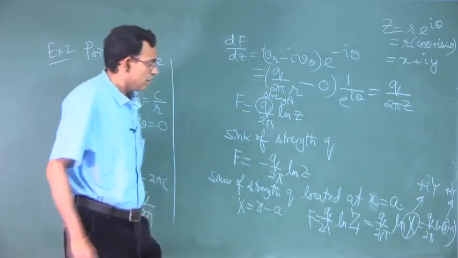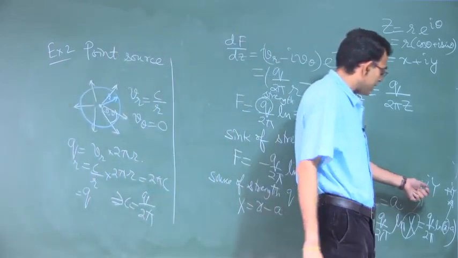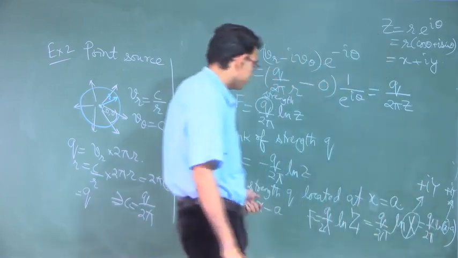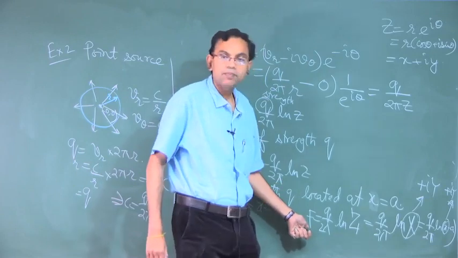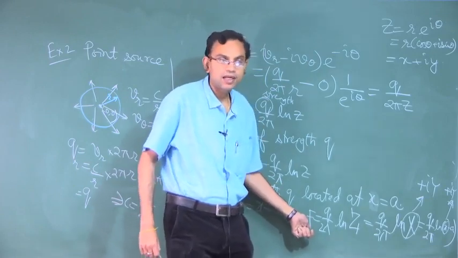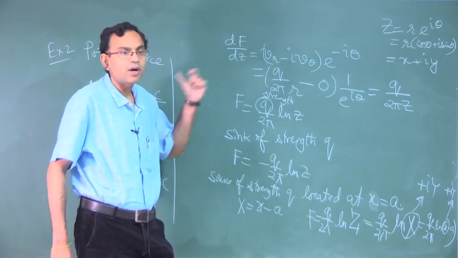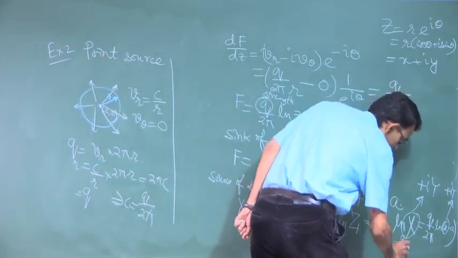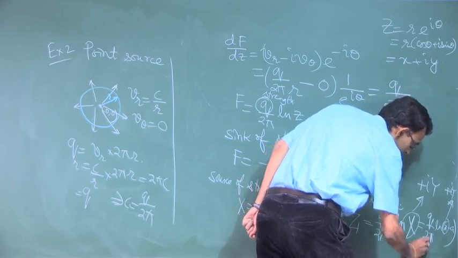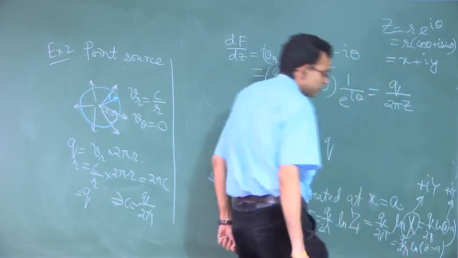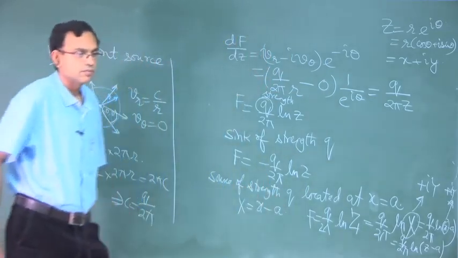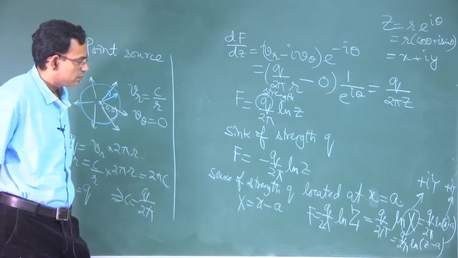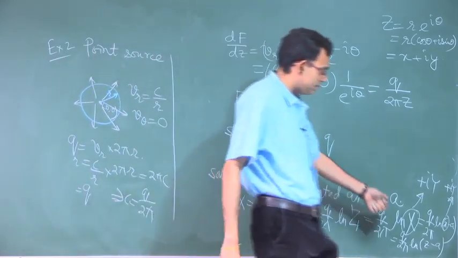Why it is important to include plus i y is because this f is a complex potential function, right. So, it should generically include the y component also. But it does not matter really for this example.